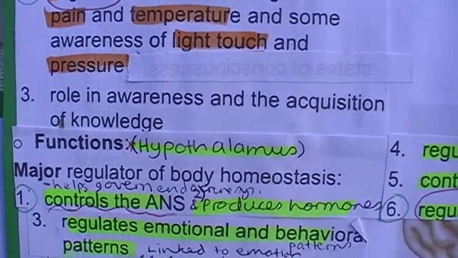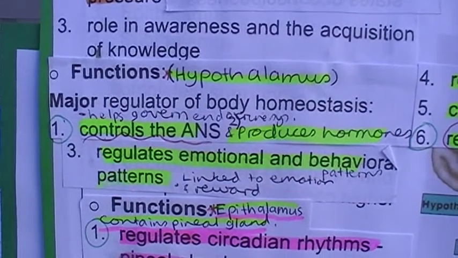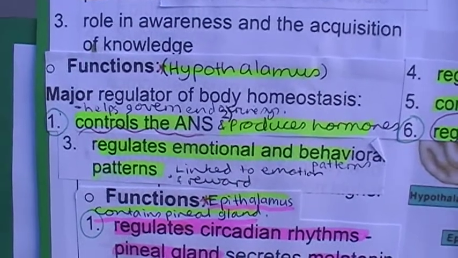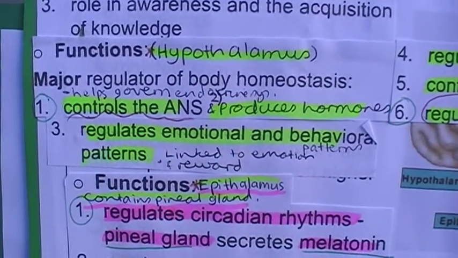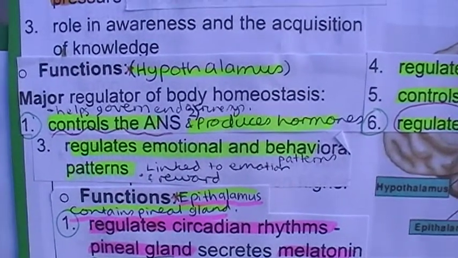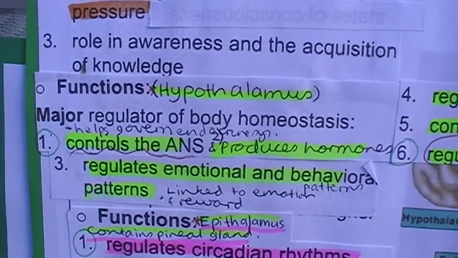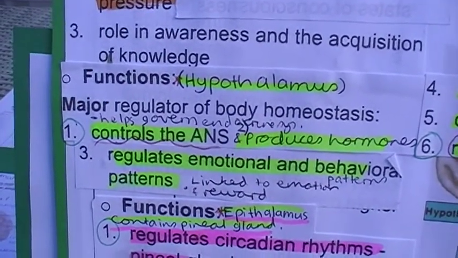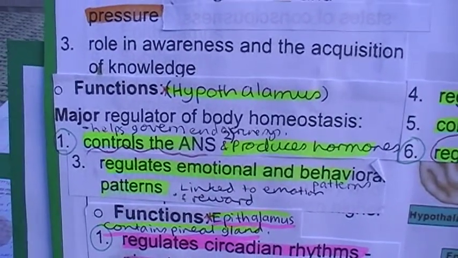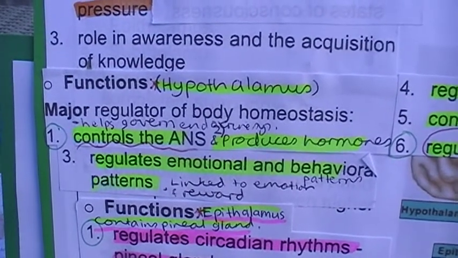What does the hypothalamus do? Helps govern the endocrine system, controls the ANS, regulates emotional and behavioural patterns.